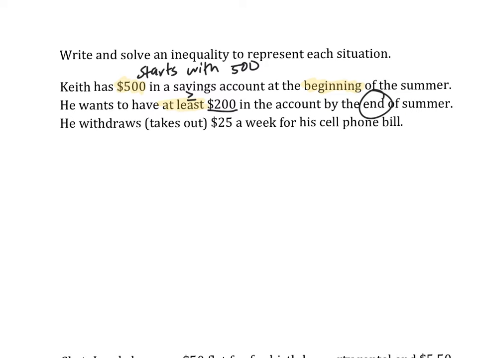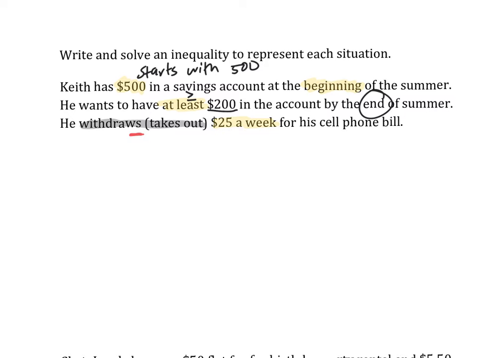All right, and he withdraws or takes out, that's a keyword, and that's really going to mean subtracting, minus, $25 a week for his cell phone bill. So $25 per week.